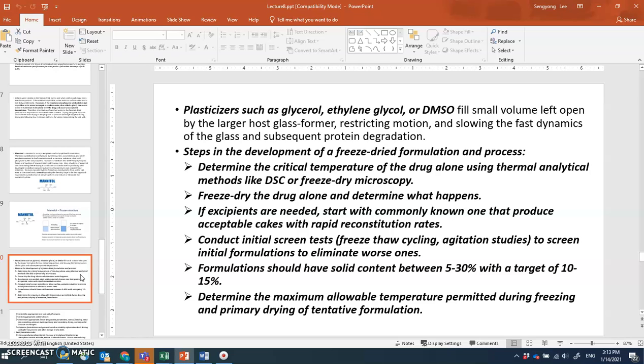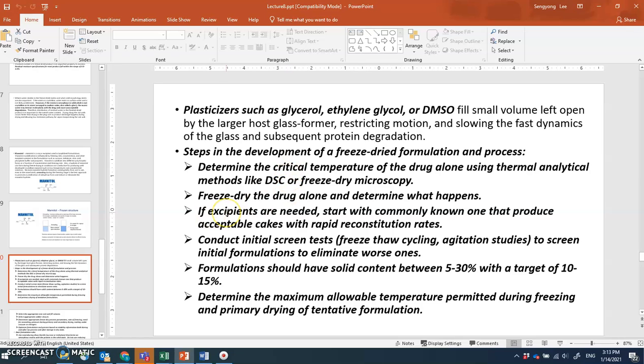Those are two main tools that you can use to determine the critical temperature, the primary freezing temperature or secondary freezing temperature, annealing temperature, all those things. They will tell you at what freezing point your drug will crystallize, and at what speed your drug molecule would not collapse. We'll talk about this again in the next chapter.